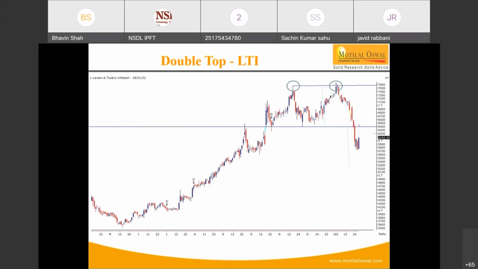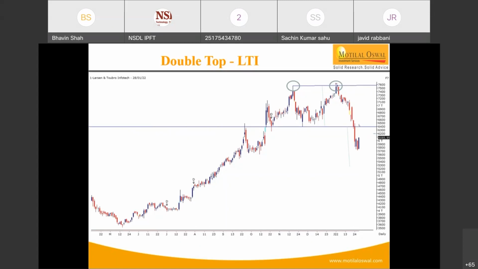So here where I have shown there are two circles. The first high was close to 7600. Then the stock slid towards 6400. Then again it moved higher, and if we look at the second circle, a similar high was made.